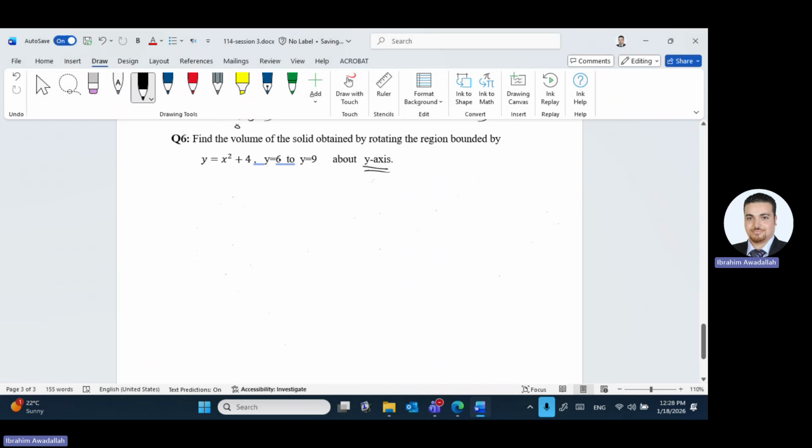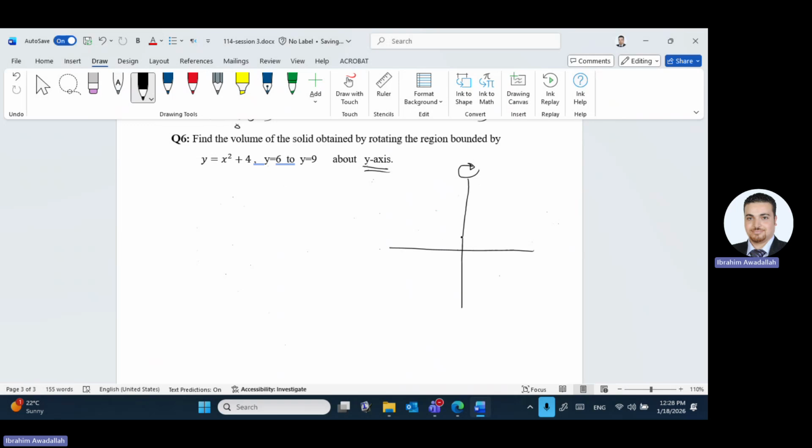One more time, find the volume of the solid obtained by rotating the region bounded by y equals x squared plus 4, y equals 6 and y equals 9, about the y-axis. Y-axis again. So my revolving before I start will be about the y-axis.